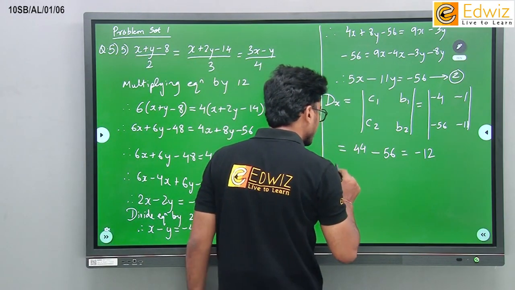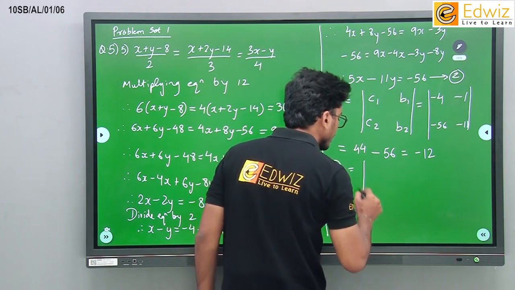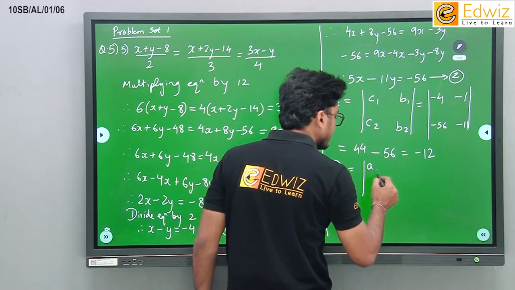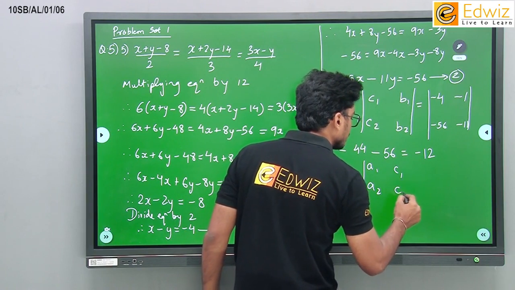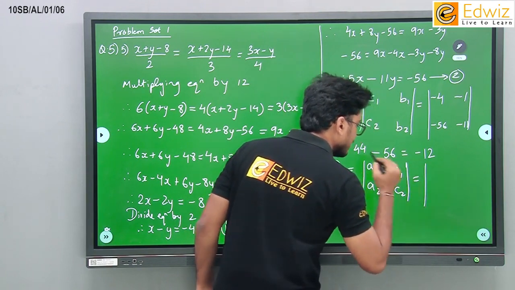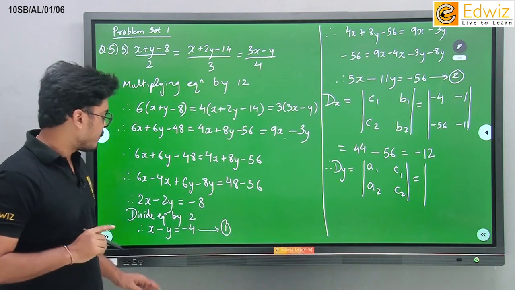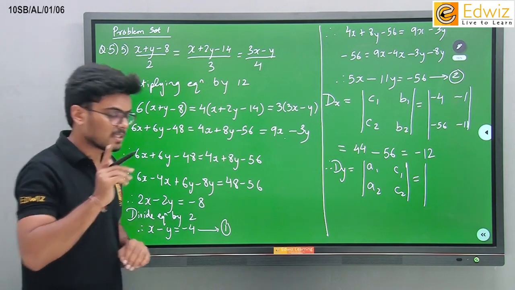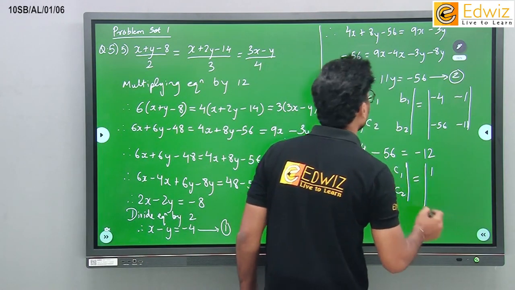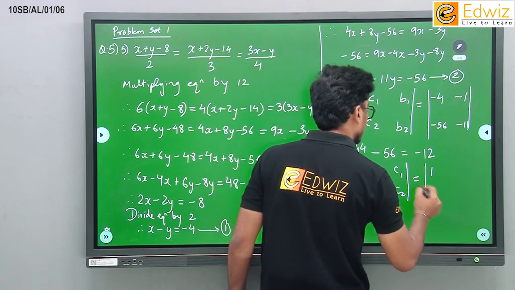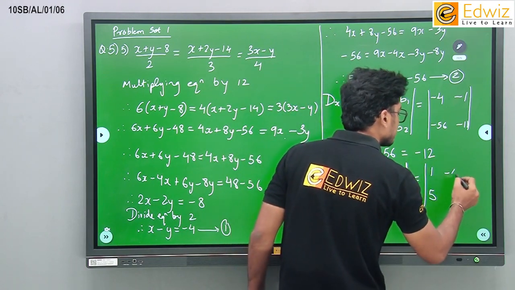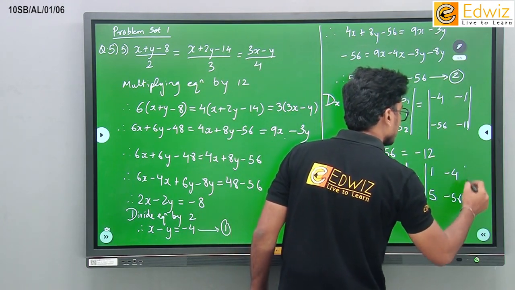Similarly, let us find out dy. For dy, the formula is a1 a2 c1, c2. Okay, substitute the values. A1, coefficient of x here in the first equation, that is 1. A2, 5. And c1, c2 we have already written -4 and -56.